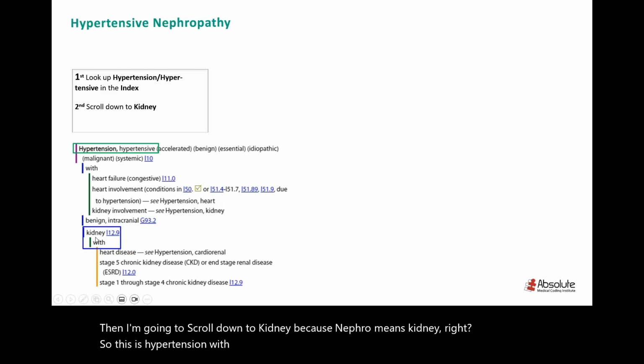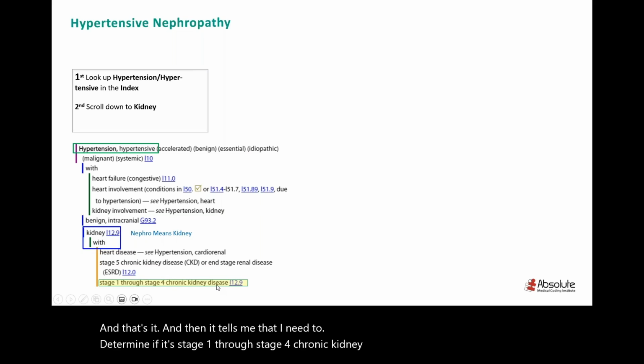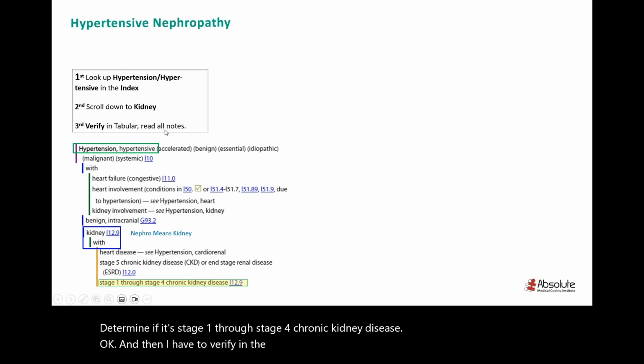All right. And then it tells me that I need to determine if it's stage 1 through stage 4 chronic kidney disease. Okay. And then I have to verify in the tabular list, and I'm going to read all notes.